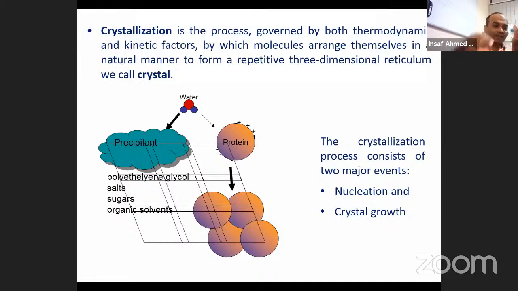When other molecules start coming closer to this nuclei, the size of the nuclei starts growing, and that is called crystal growth. Nuclei generally you cannot see even using a microscope, but for crystal growth, if the size is enough, you can see it by microscope.